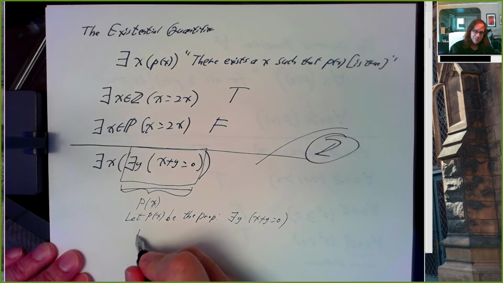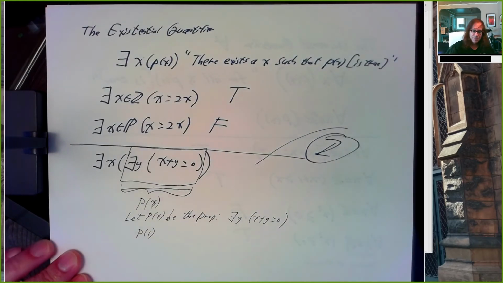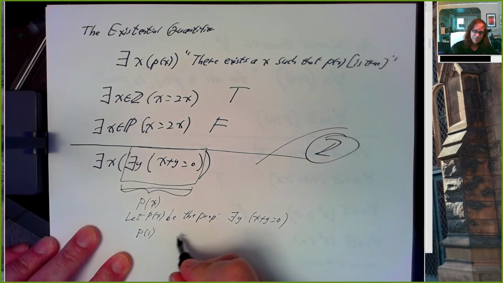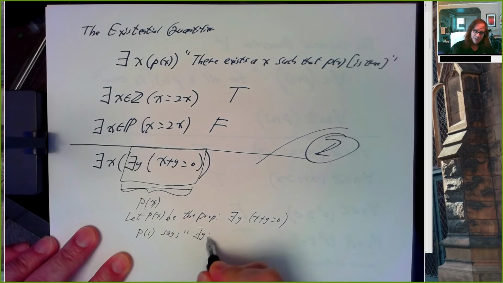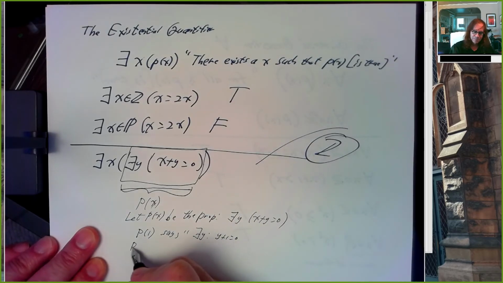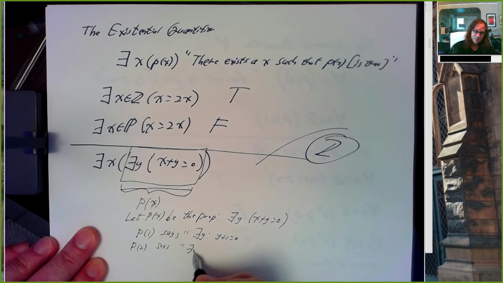So let's think about p of 1. P of 1 is the proposition there exists a y such that, I'm going to rewrite this a little, y plus 1 is equal to 0. P of 2 says there exists a y such that y plus 2 is equal to 0.